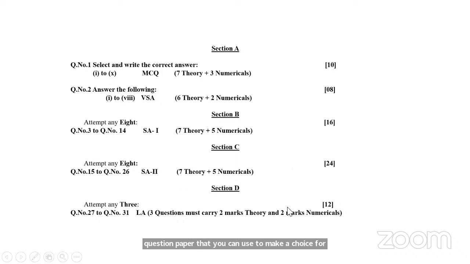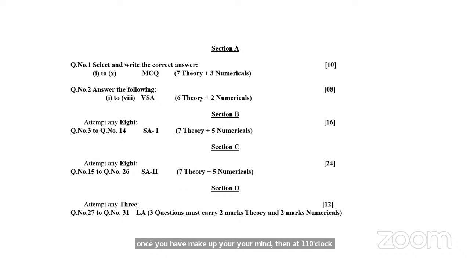So that 10 minutes time which is given to you to read the question paper, you can use to make a choice for section B, section C and section D. So what I would suggest is that you spend those 10 minutes deciding which 8 questions from section B you are going to solve, which 8 questions from section C you are going to solve, and which 3 you are going to pick up from section D.